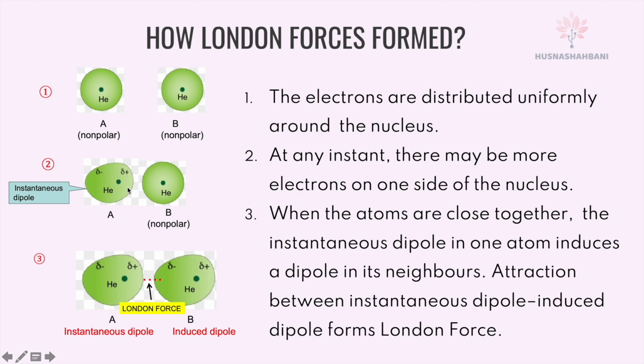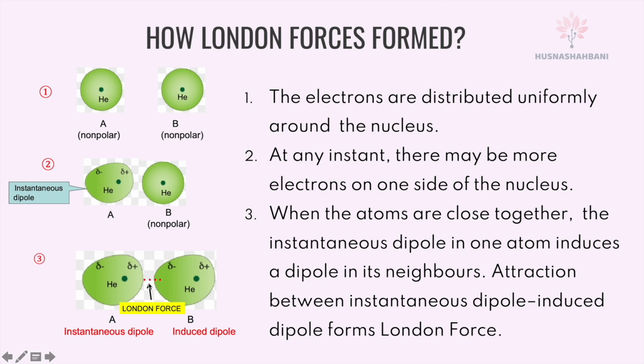When it becomes a dipole, this atom is called an induced dipole, because it is being induced by the instantaneous dipole atom. Attraction between the instantaneous dipole and the induced dipole forms London force.